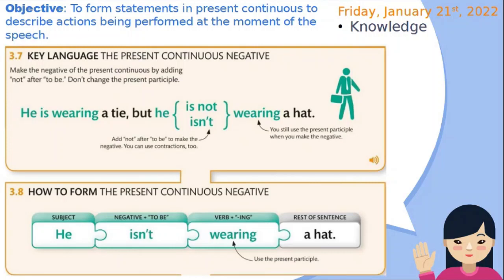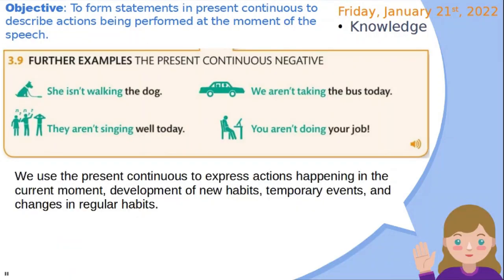Let's observe the structure. The subject, then the negative form of to be, plus the present participle ending with ing, and then the rest of the sentence. He isn't wearing a hat. Okay, let's observe some other examples.